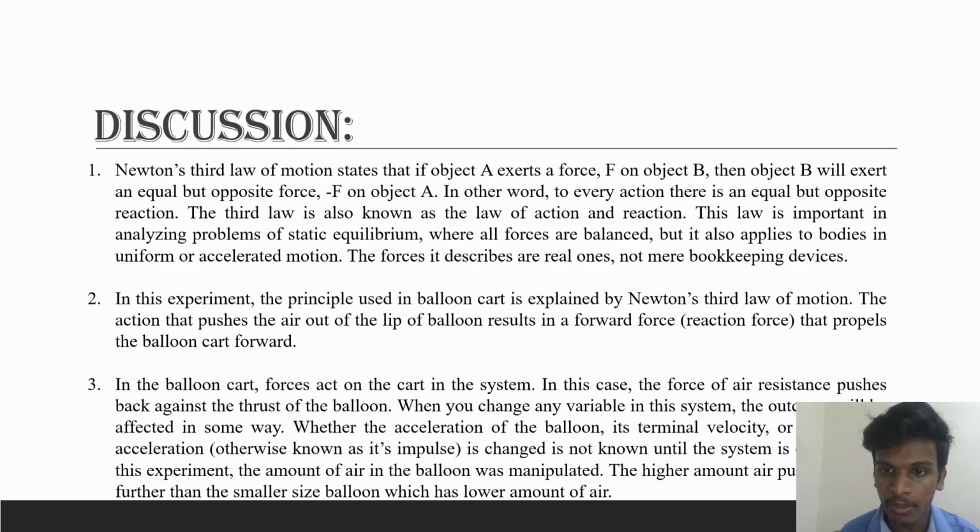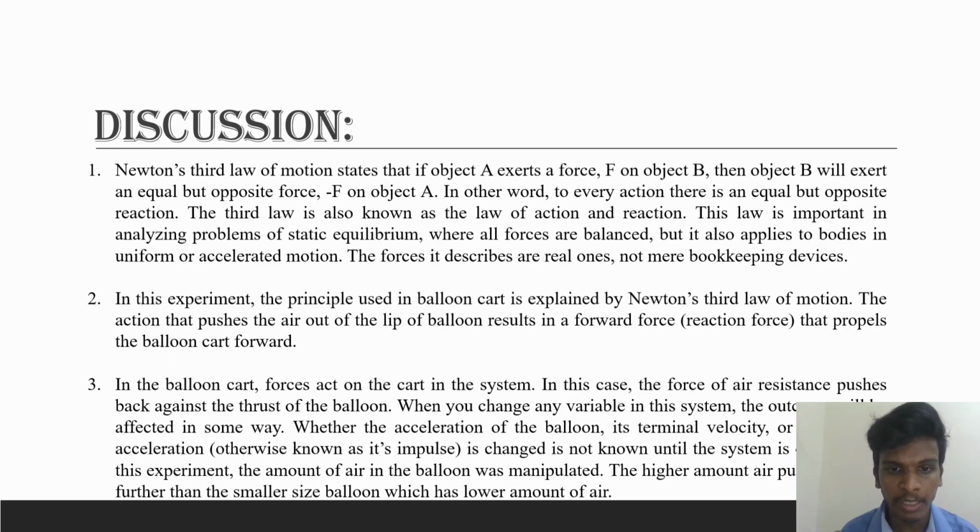In this case, the force of air resistance pushes back against the thrust of the balloon. When you change any variable in the system, the outcome will be affected in some way. Whether the acceleration of the balloon, its terminal velocity, or its time of acceleration is changed is not known until the system is observed.